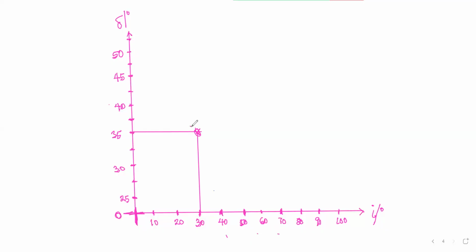Then when deviation is 30, angle of incidence is 40.